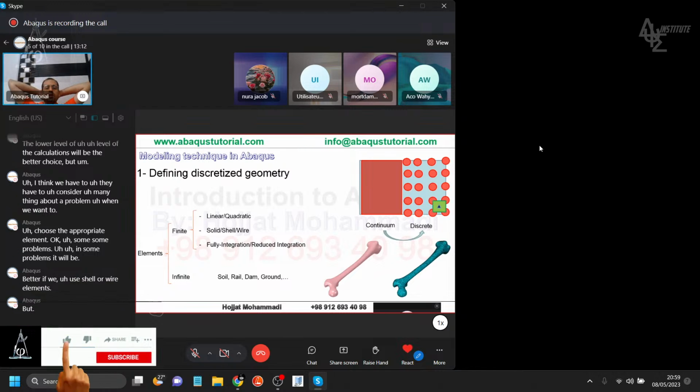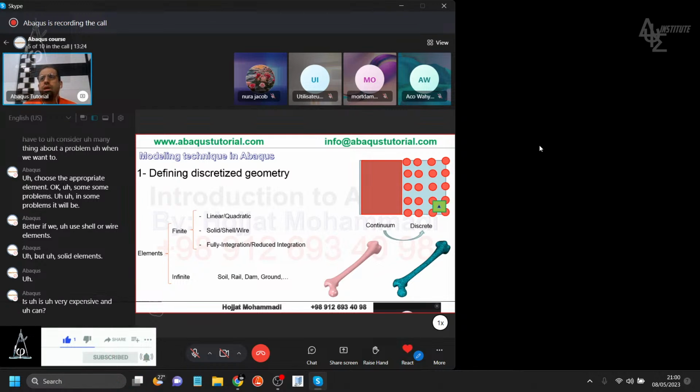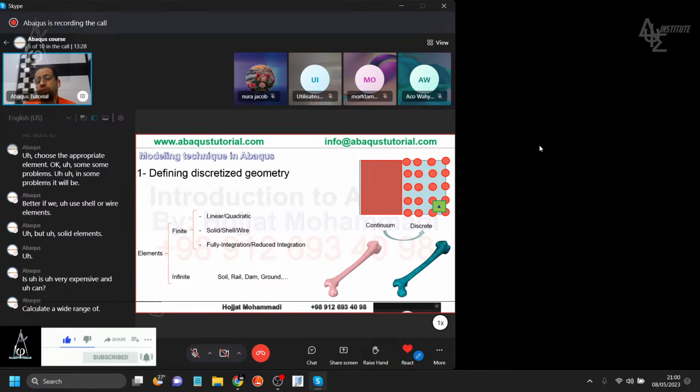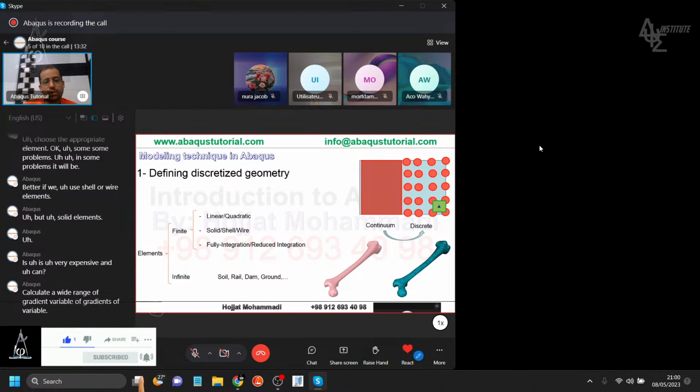But solid elements are very expensive and can calculate a wide range of gradients of variables for us.